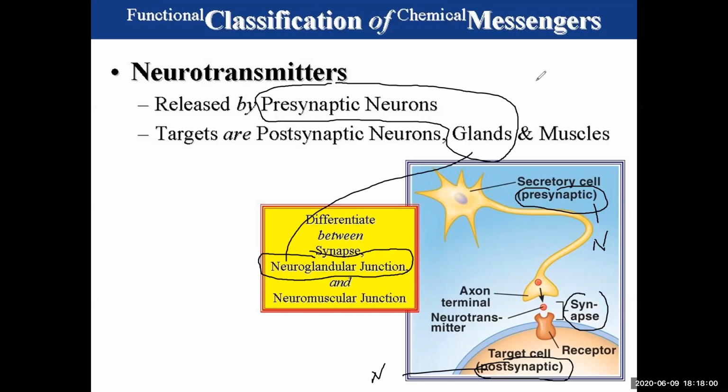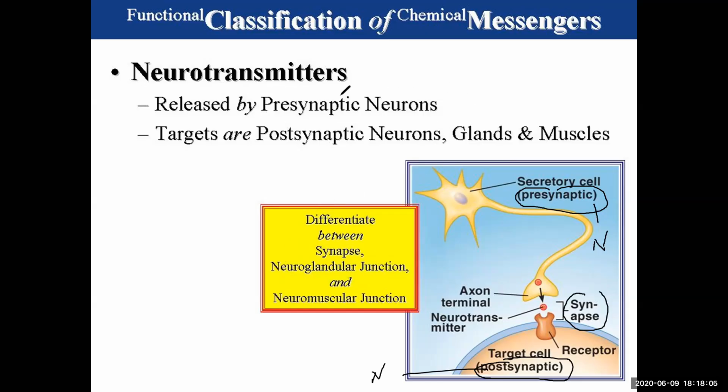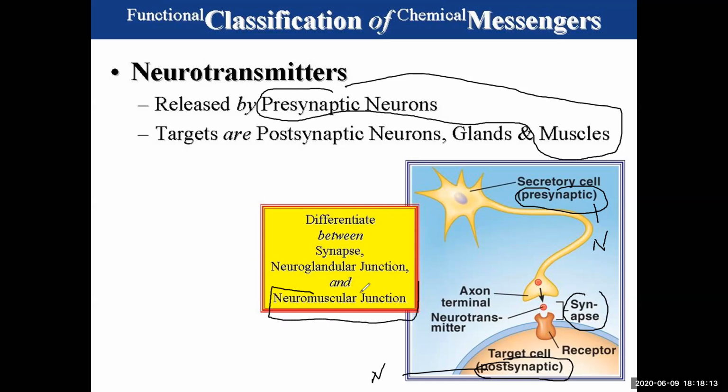If you have an interaction between the presynaptic neuron and a skeletal muscle, then we have a neuromuscular junction.